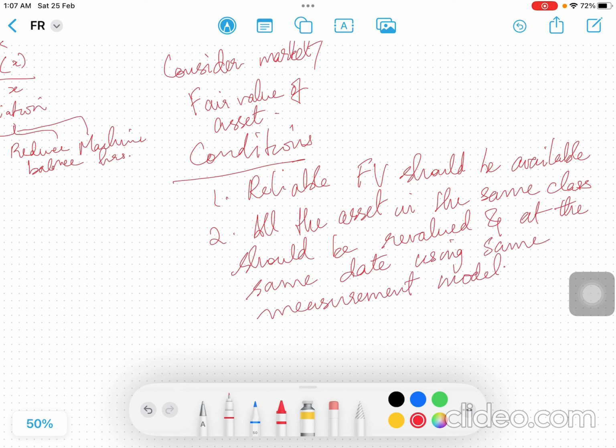Now, this revaluation is continually done during every accounting year. You do not have an option to skip an accounting year. You do not have an option to change the revaluation model unless it is very reasonable and genuine. So the third one is continually done each accounting year.